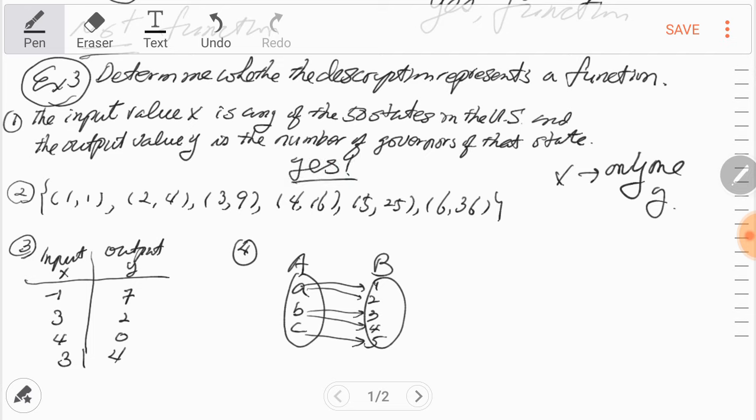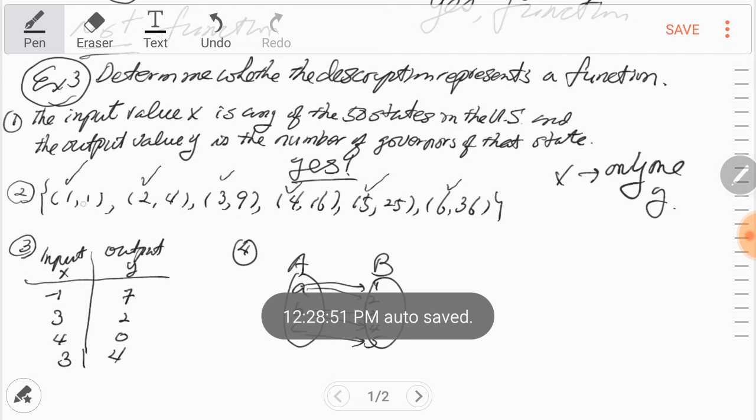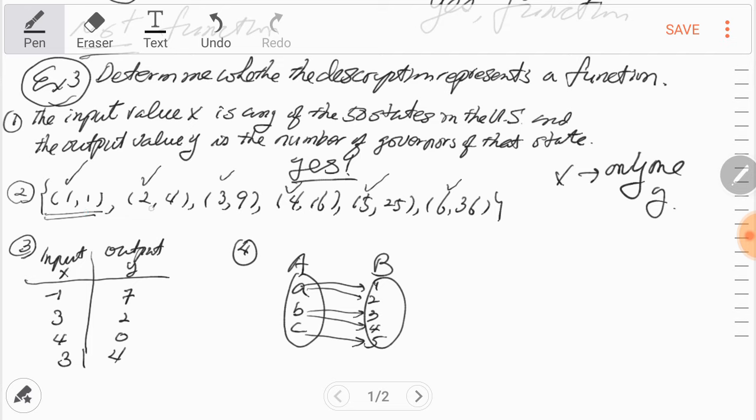How about number 2? Let's check the input. Input is the first component. Input is 1, then 2, 3, 4, 5, 6. Each ordered pair has an input, which is the x value, and each x value has only one output. So yes, this is a function. How about number 3?